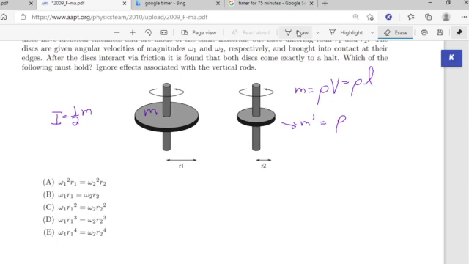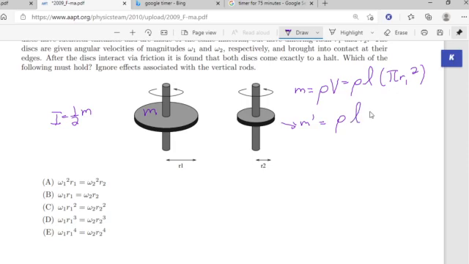That would be pi r1 squared. So m prime would be pi l pi r2 squared, which would then be m times r2 squared over r1 squared.